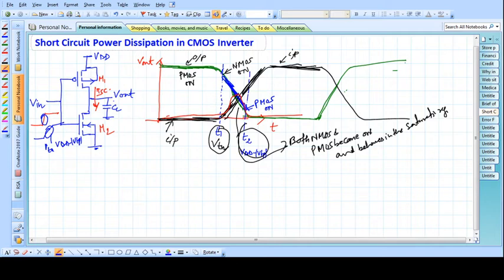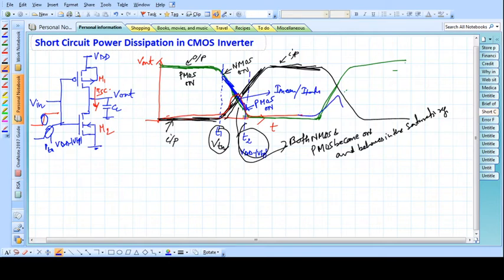So that thing we have to think about: the total current for a complete period of time.